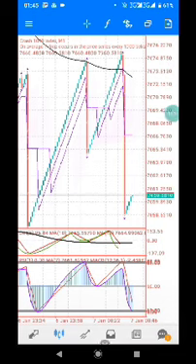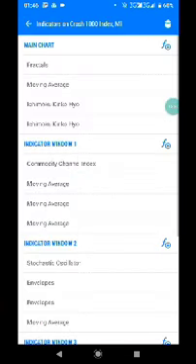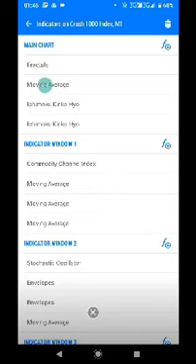Now I'll quickly show you the setup for this video before this condition will be ready. So you just come to your F sign here, you press it, and then like I told you, we use the moving average, the first Ichimoku, the second Ichimoku, Kinko.